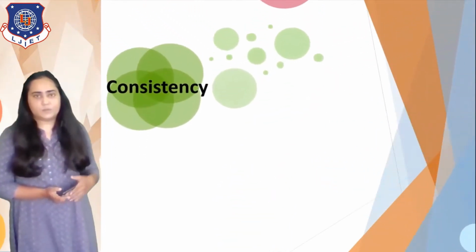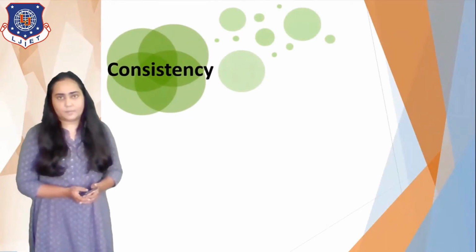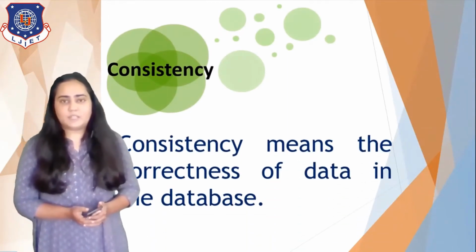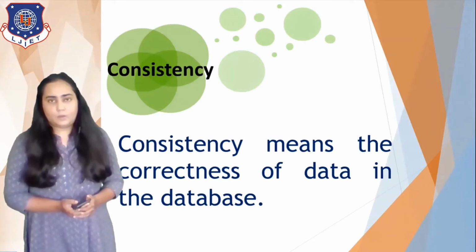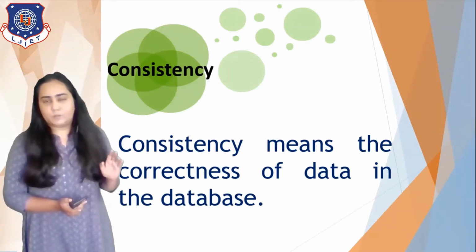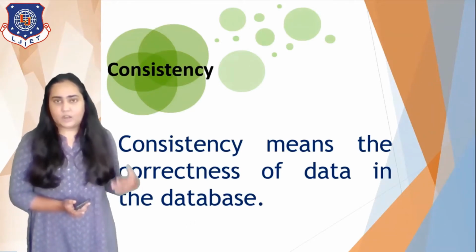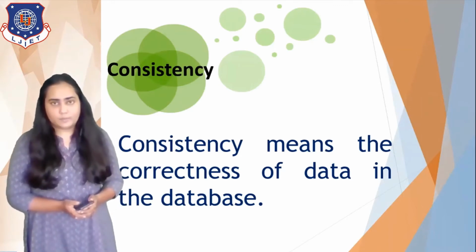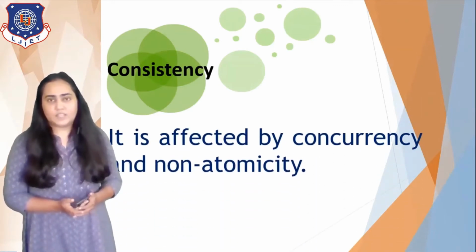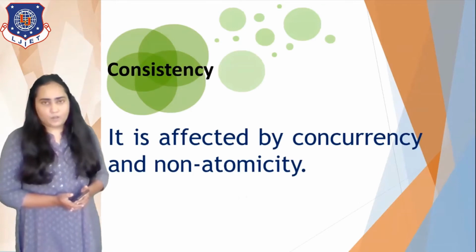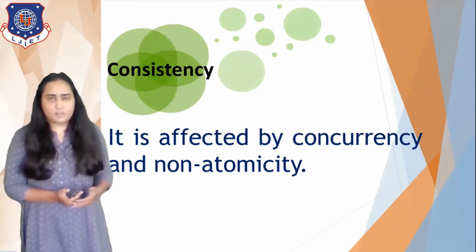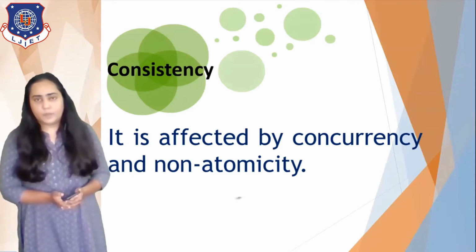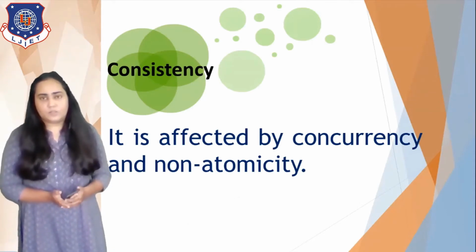The next property we're going to see is consistency. So consistency means the correctness of data in the database, which means your data should be correct at all times, no matter how many changes are made to it. And this consistency is affected by concurrency and non-atomicity. You are by now familiar with atomicity, but you do not know what concurrency is.